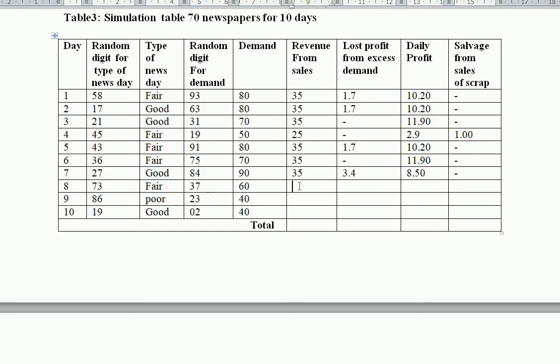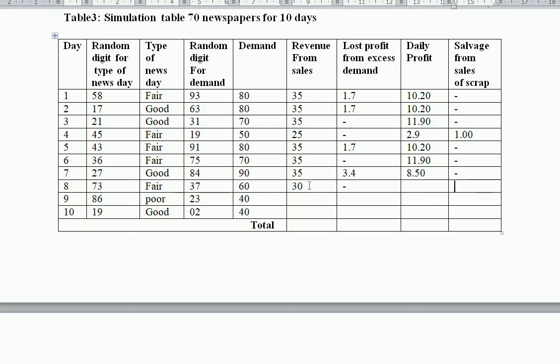Here for 60, the demand is 60. So we purchased 70 newspapers, but there is only a demand of 60, and those 60 papers we are going to sell for 0.5. So 60 into 0.5, that is 30. The lost profit from excess demand, there is no excess demand over here. So here is a scrap you are going to get. How many scrap papers?